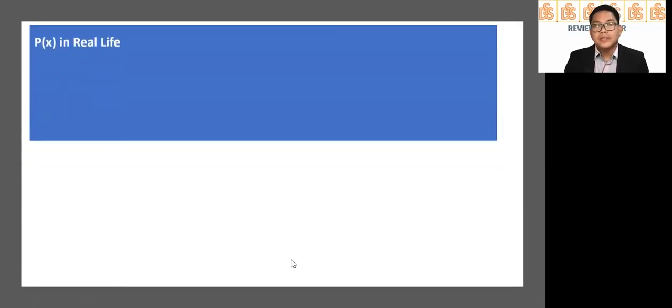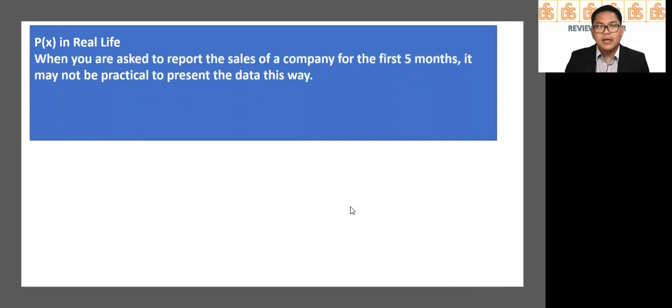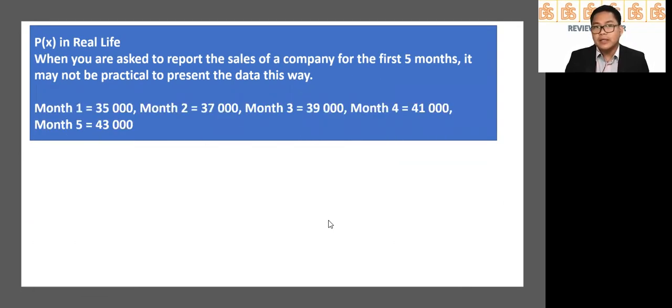Okay, before we start with the graphing procedure, let us have here the graph in real life. When you are asked to report the sales of a company for the first 5 months, it may not be practical to present the data this way. Your boss may be disappointed if you present it this way because it's very hard to see.